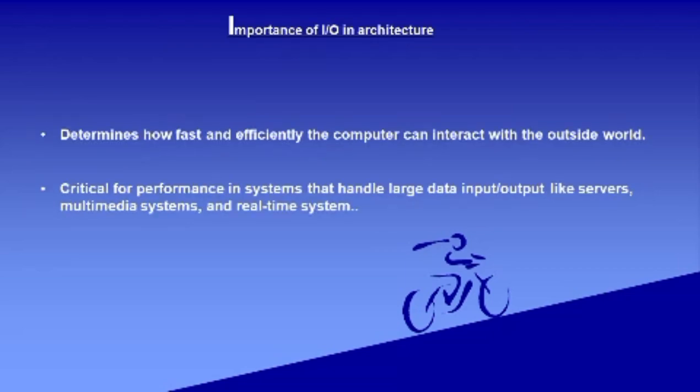The importance of input or output in architecture, or you can say the benefits: it determines how fast and efficient the computer can interact with the outside world. Whether it interacts slowly, fast, or at a medium range, you can determine that with the help of input or output.